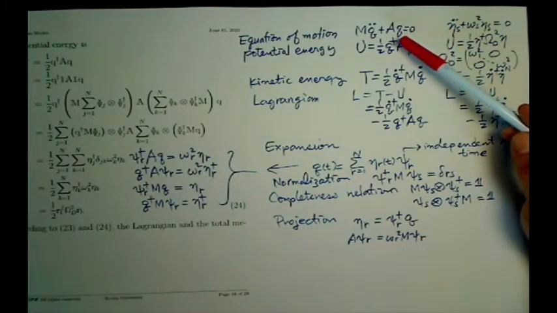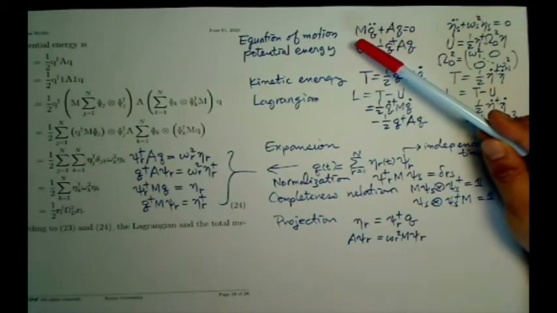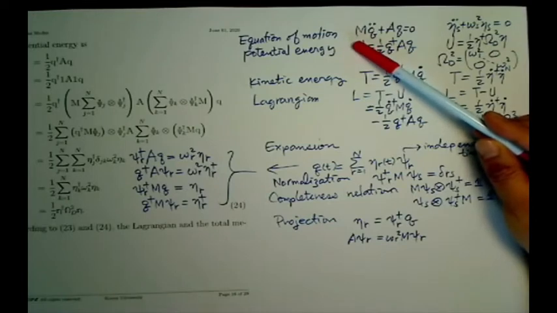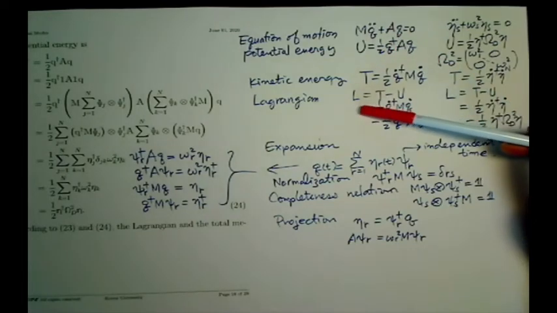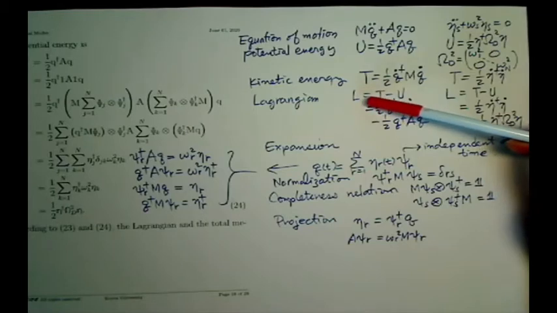Then if we multiply the Hermitian conjugate of the eigenvector to the left-hand side, we were able to pull out the contribution of a specific frequency.